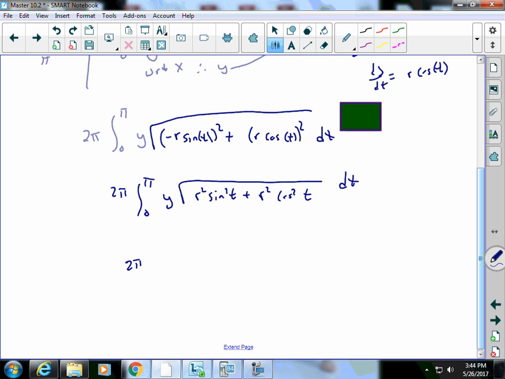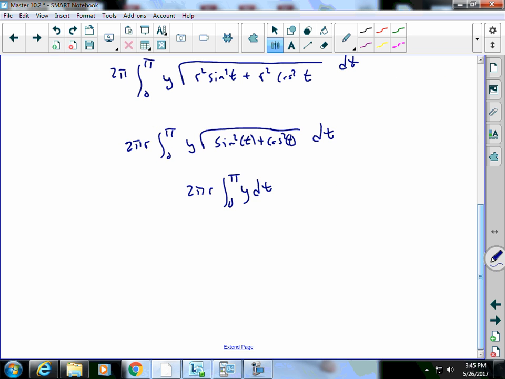The square root of r squared is r, so I bring it out front. I end up with a sine squared t plus a cosine squared t dt. Well, this whole thing's 1, so I end up with 2 pi r from 0 to pi of y dt, because the square root of 1 is just 1.